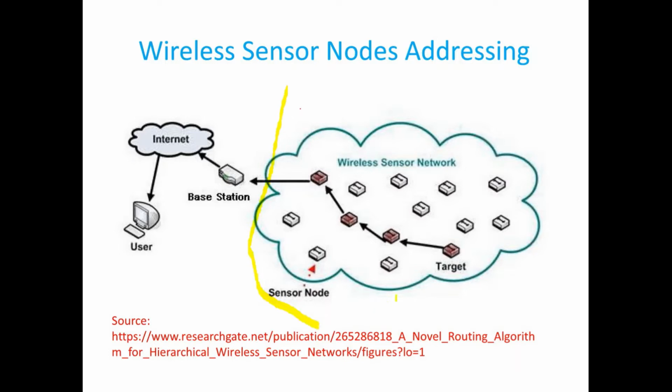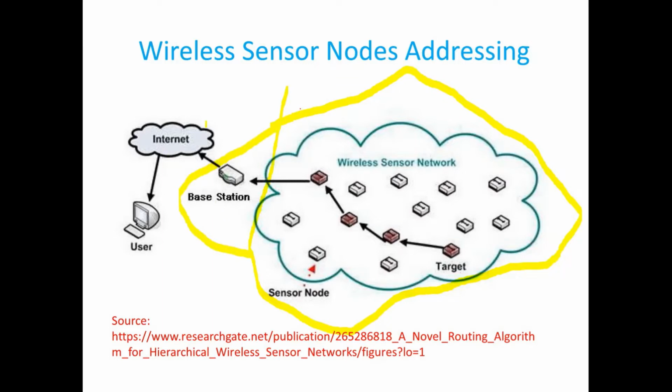The rest we'll talk about later, which is the base station. Sometimes the base station is also considered part of the wireless sensor network. If you connect it to the internet, it will be an IoT application. This is just a guidance of the application, and the end user can access the data. However, now we focus only on the wireless sensor network.